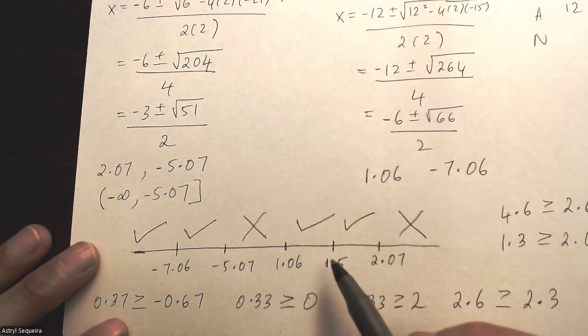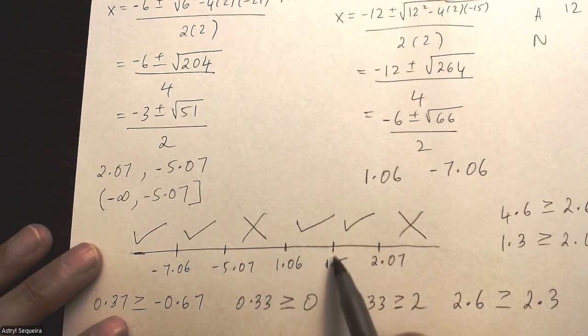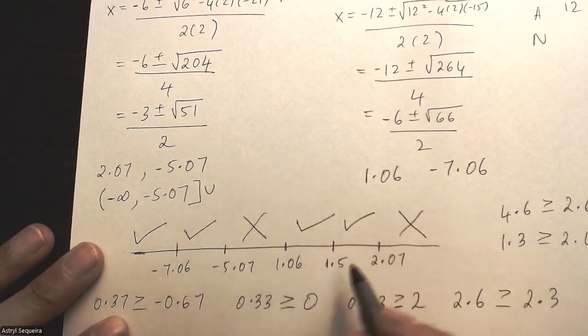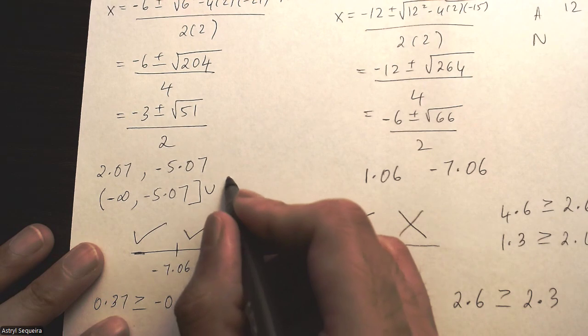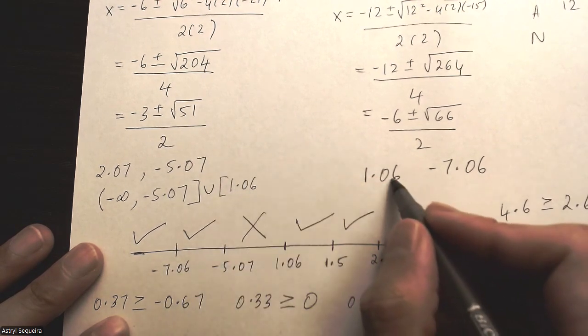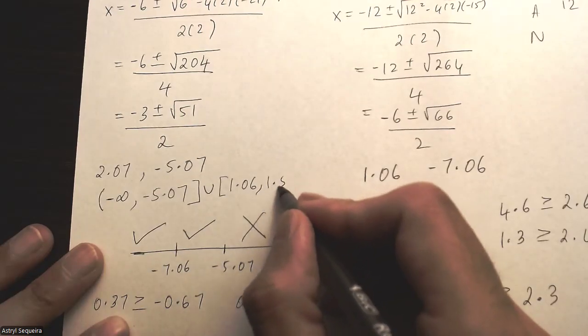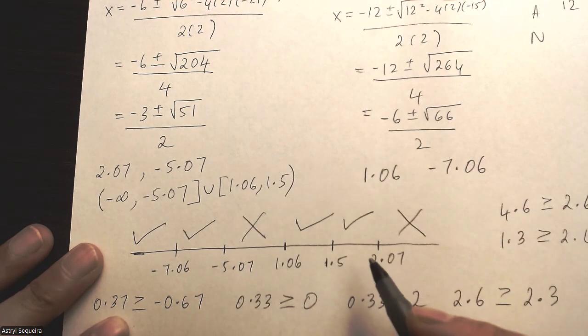For my second solution, I can't group these together because my vertical asymptote is here in the middle, which means that I have to split this into two different ones. 1.06 is going to have a square bracket because it's a solution, but 1.5 is going to have a round bracket because it's a vertical asymptote.